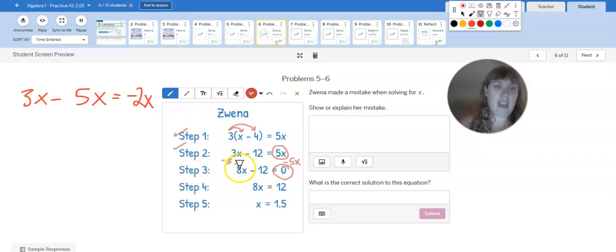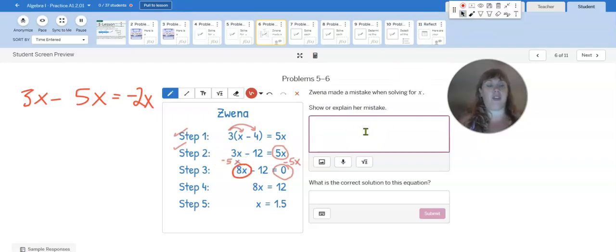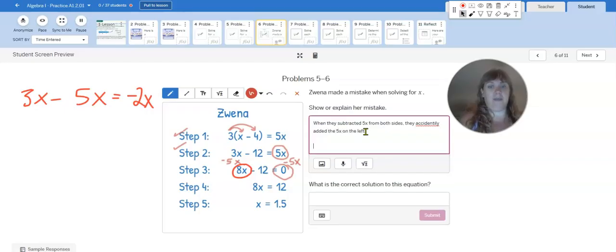So it looks like the error here is they wrote this as an 8x when it should be a negative 2x. So when they subtracted 5x from both sides, they accidentally added the 5x on the left. We should have gotten negative 2x minus 12 equals 0.